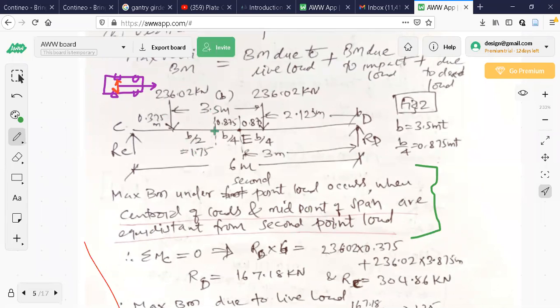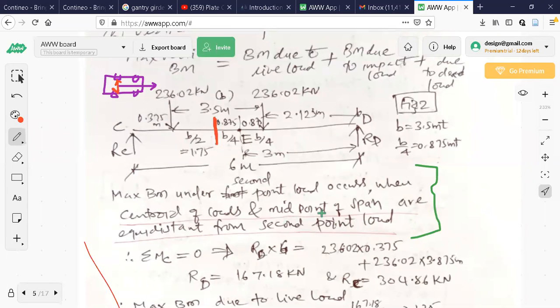Okay, now 1.75 is here. What has happened, you observe here. 1.75 is here now, which is the midpoint of 3.5. That is the centroid of loads. The red line, the centroid of loads, is equidistant from the second point load.